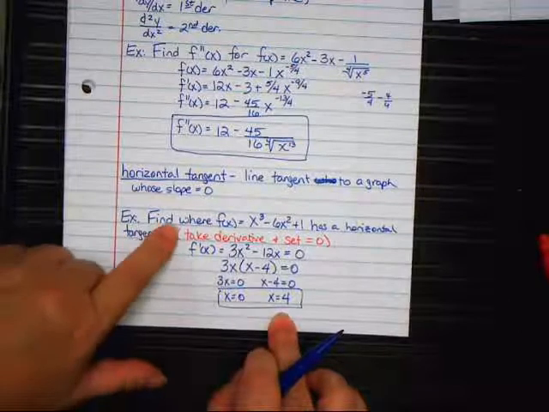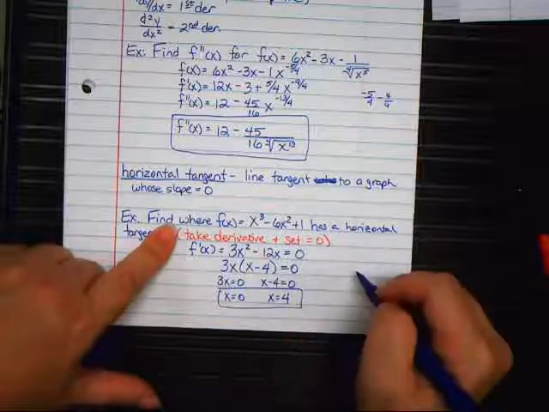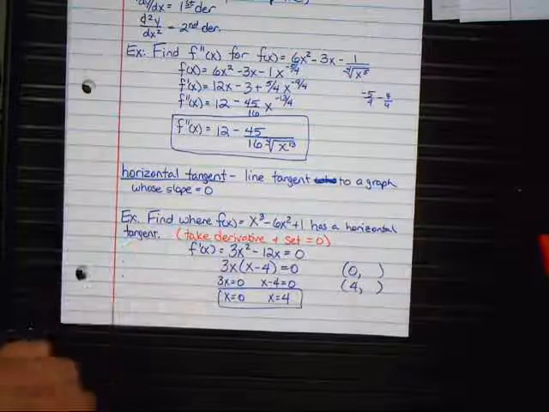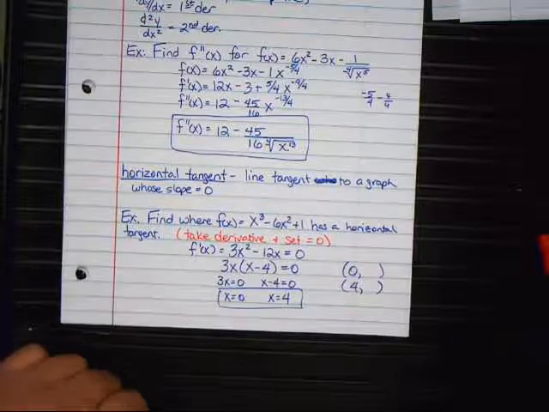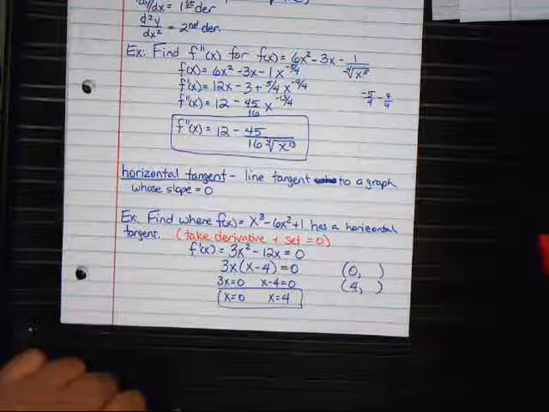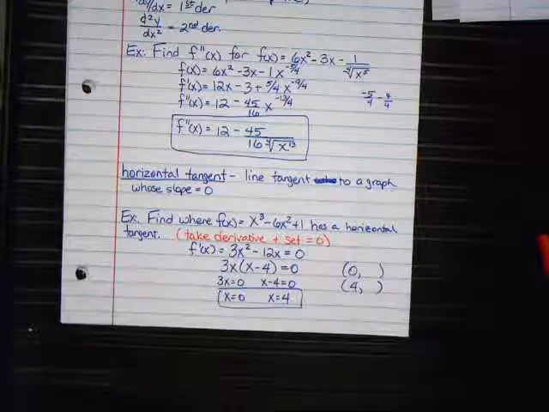But since it says find exactly where, I need to know the x's and the y's. So I'm going to come out to the side and I'm going to write 0 comma something and 4 comma something. And I'm going to find those somethings. Now, how do I find them? Okay, plug it in. It is not an acceptable word in this class. We need to get used to that. The x value plug into which equation?